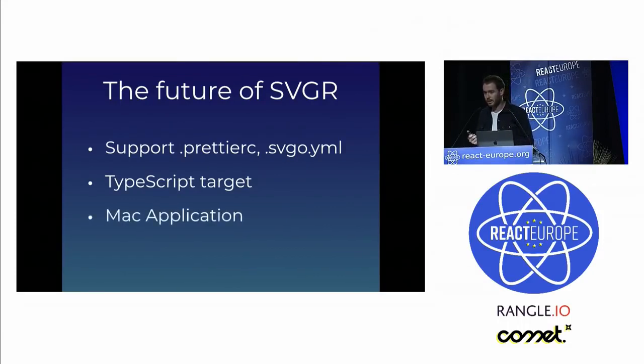Create a Mac application to be able to drag and drop your SVG and get React components. And create Sketch and InVision Studio plugin. This was my first use case, and if I could target React in Sketch, it will be awesome.